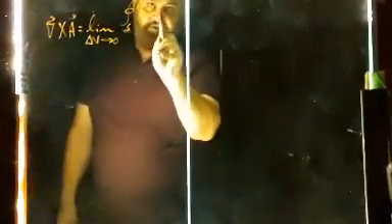The definition of curl for any vector field A: curl A equals the limit, when the volume approaches a point, of the enclosed surface integral of the cross product with dS over delta v.